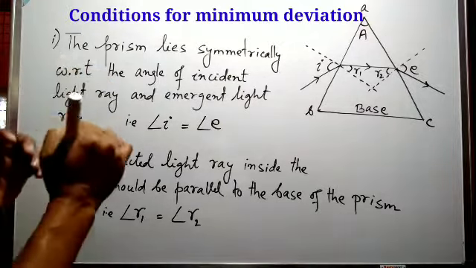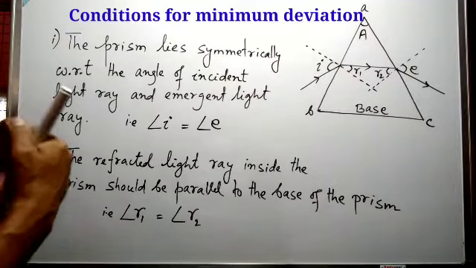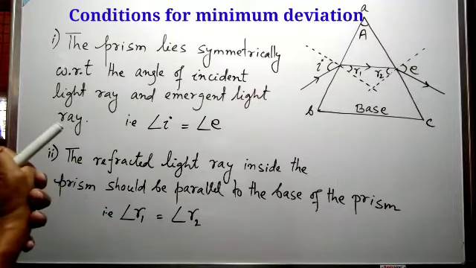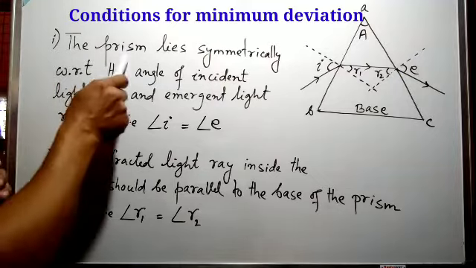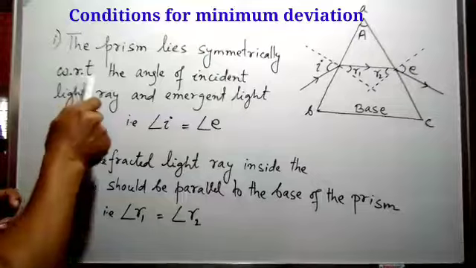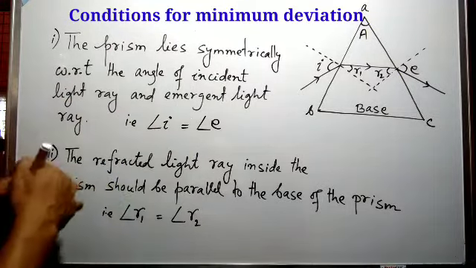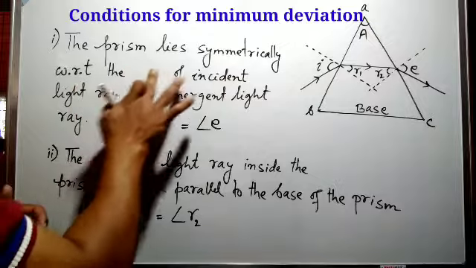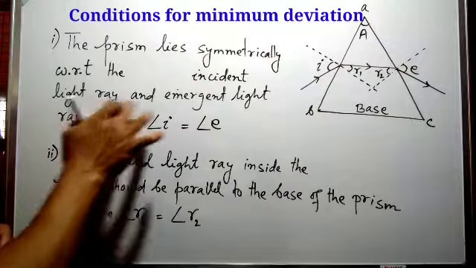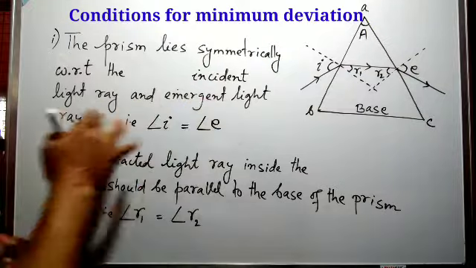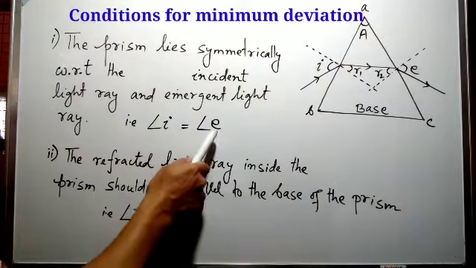two conditions, that is the necessary conditions for producing minimum deviation. Number 1, the prism lies symmetrically with respect to the incident light ray and the emergent light ray, that is, angle of incidence equal to angle of emergence.